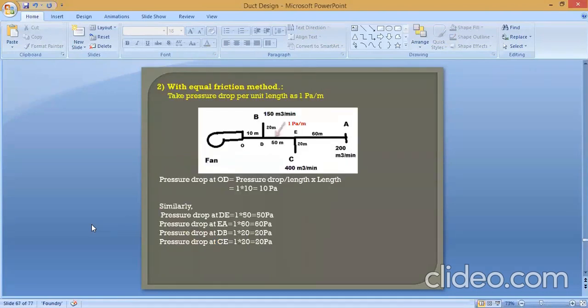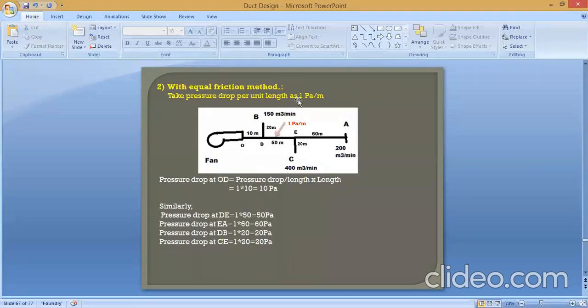Now, it is interesting, students, what is meant by index run. If anybody asks, what is the index run here in this duct network? Index run means the duct with the highest pressure loss. If you observe with the equal friction method in this duct network, you can easily identify the index run is the straight line O to D, D to E, E to A. This duct has the highest pressure loss.